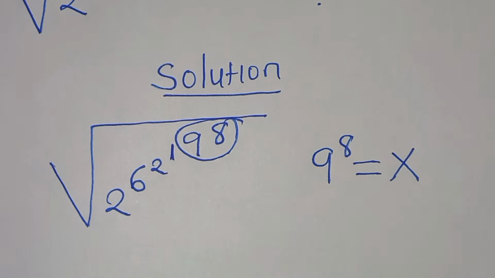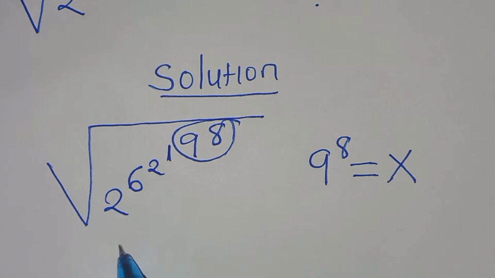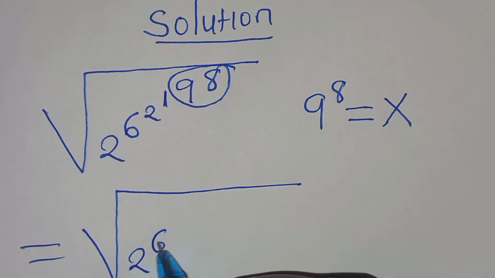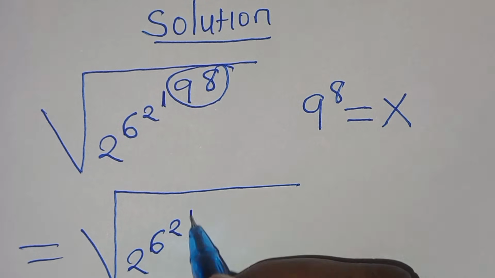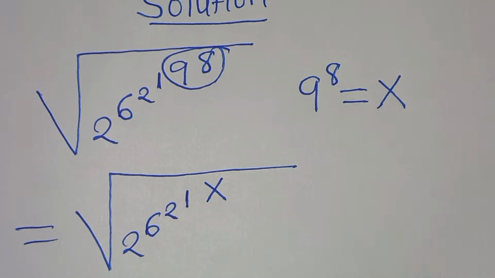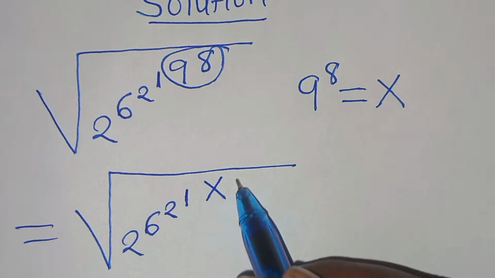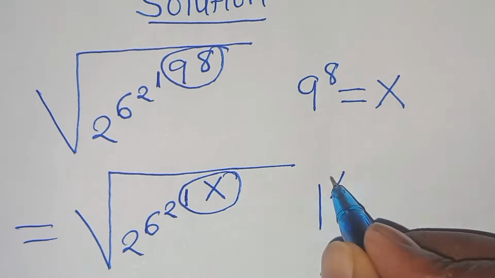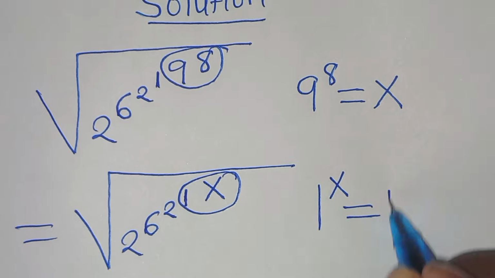So that now we have the square root of 2 to the power of 6 to the power of 2 to the power of 1 raised to the power of x. So that now we have 1 to the power of x here. This is equal to 1.